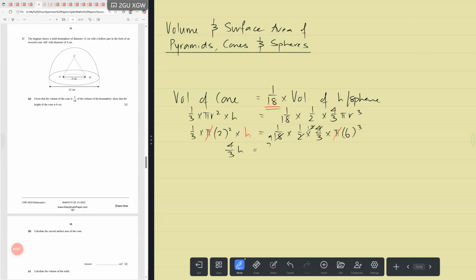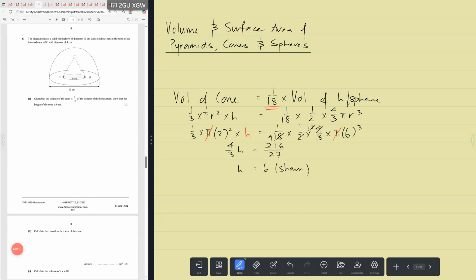So we have 216 over 27. So h equals, using your calculator, 216 divided by 27, and then you need to multiply by 3/4, and we get h equals 6. Okay, and put a shown at your answer. So the height of the cone is equal to 6 cm and you're shown.